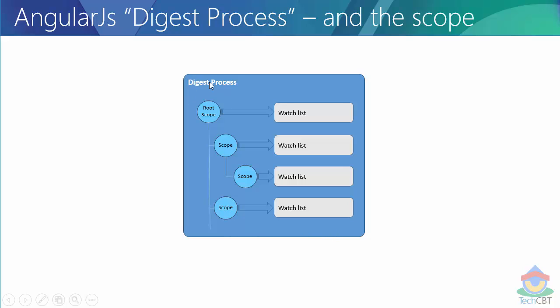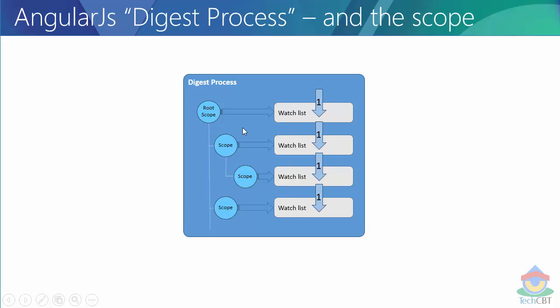And the digest process is not just for the Watchlist. The digest process is actually available at a further higher level beyond the scope or beyond the Watchlist. That is, there will be only one digest process which actually goes through all of the watchlists available and all the watchlists associated with the respective scopes as well.